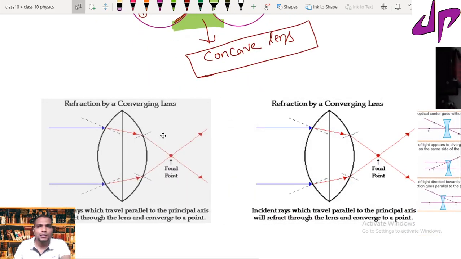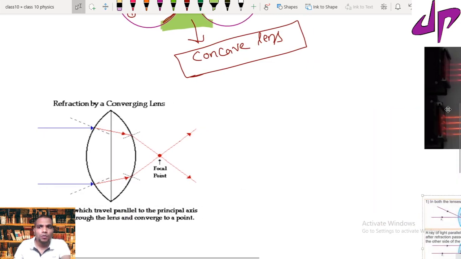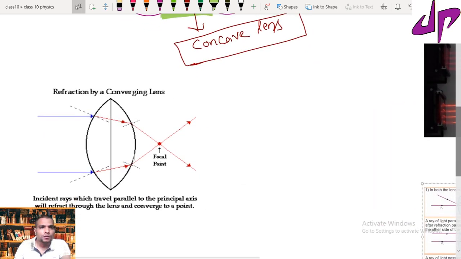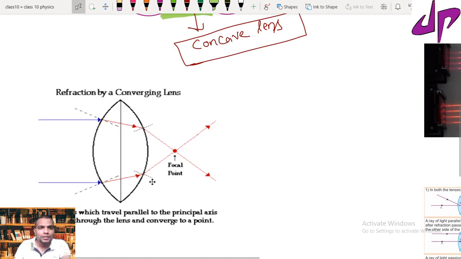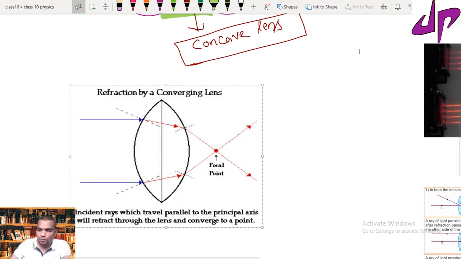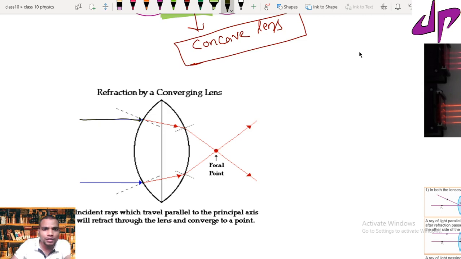Now here you can see this is the convex lens and it has two curvatures. Now how does light refract? When light strikes one surface, this is the incident light striking the curvature. According to the phenomenon of refraction, light bends towards the normal when traveling from a rarer to a denser medium.